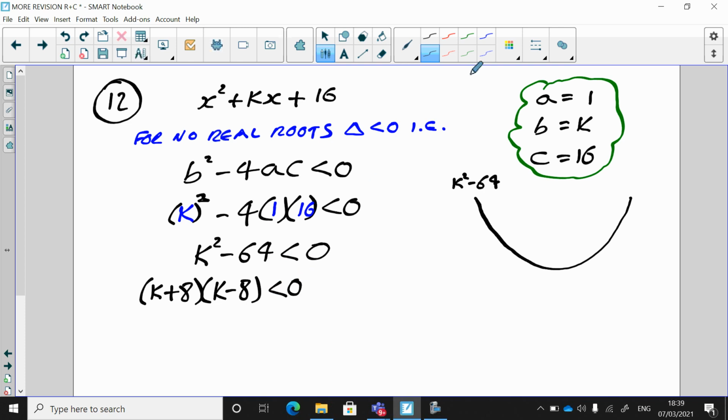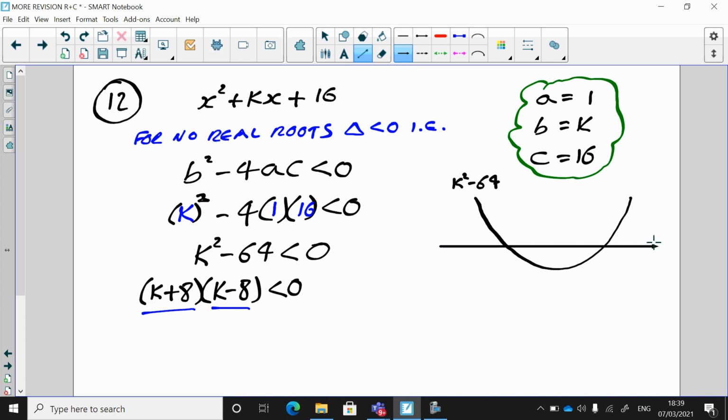Because that's factored into two linear terms, there's definitely two points where the parabola crosses.